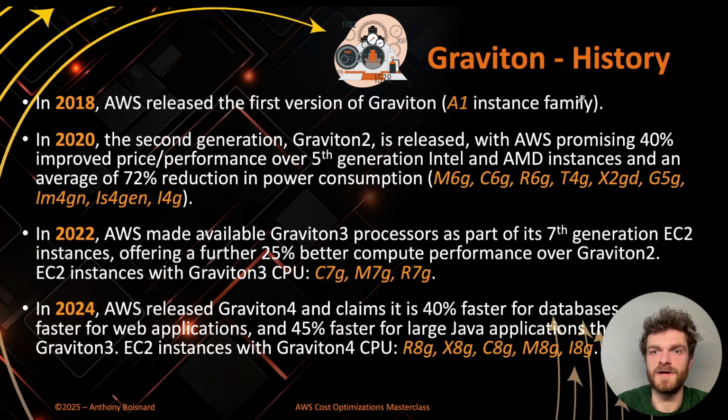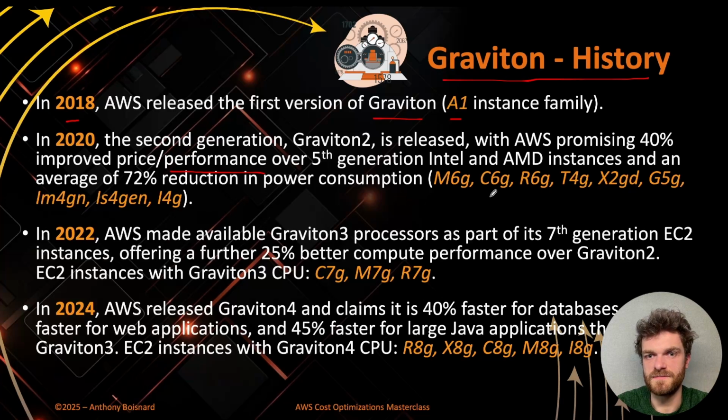A little history here about Graviton. In 2018, AWS released the first version of Graviton, which is only for the A1 instance family. In 2020, the second generation, Graviton 2, was released, and AWS provides 40% improved price performance.